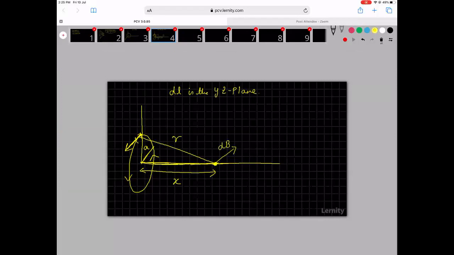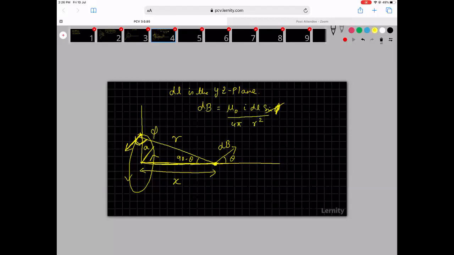If this angle here is theta, this angle here is 90 minus theta. So you will have dB is equal to mu naught I dl sin phi by 4 pi r square, where this angle here is phi. Because this angle here is 90 degrees, sin phi will become equal to 1.